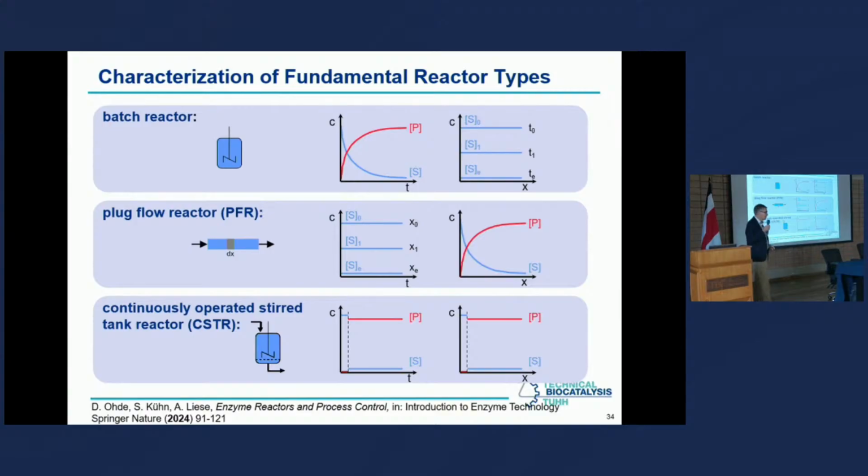Therefore, we are also saying this reactor is operating under outflow conditions, meaning the concentration we're measuring at the outlet, we will find at any place in the reactor. In contrast to the plug flow reactor, with the outflow concentration, we only measure there and nowhere else in the reactor. Okay?